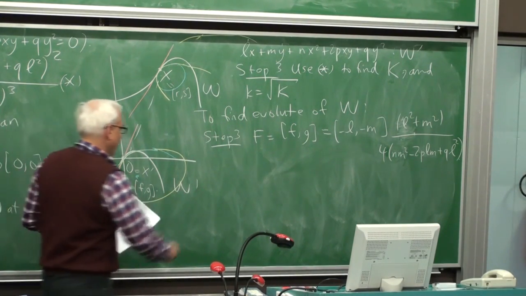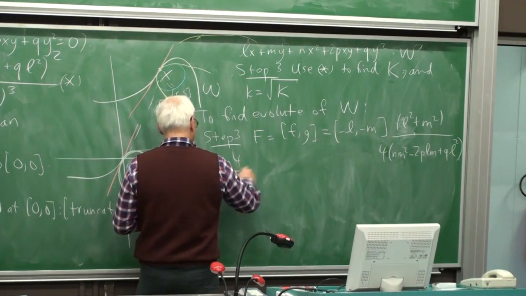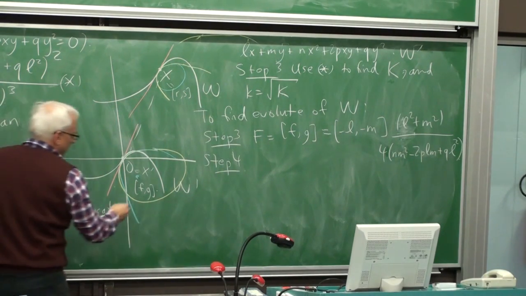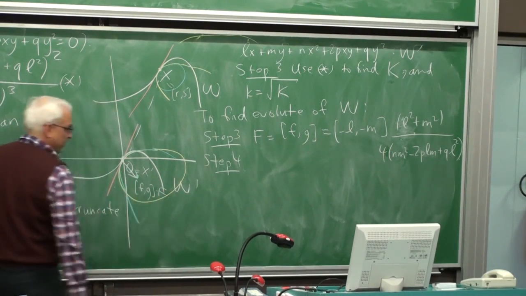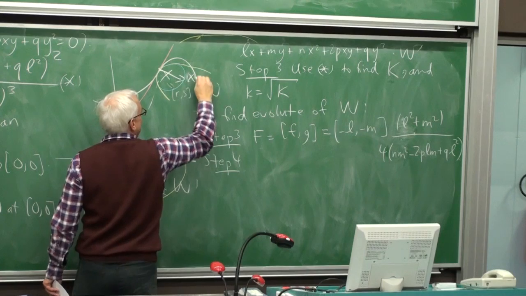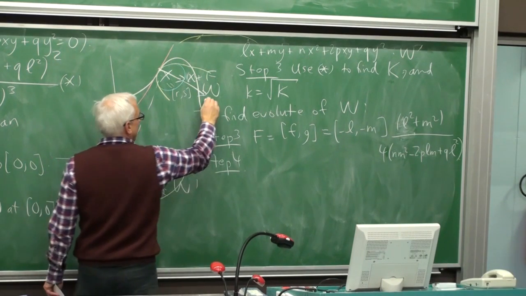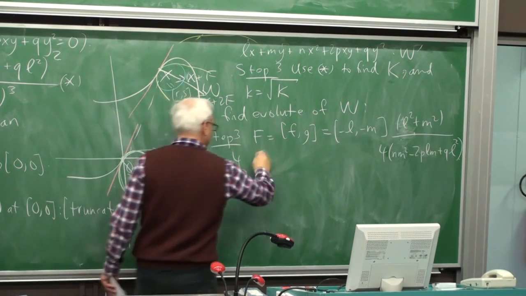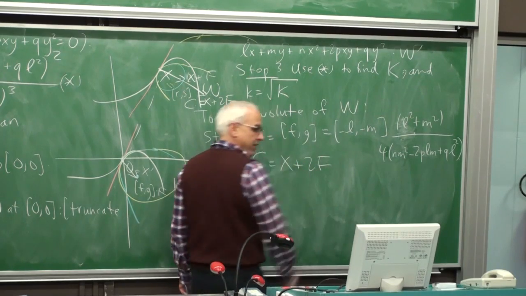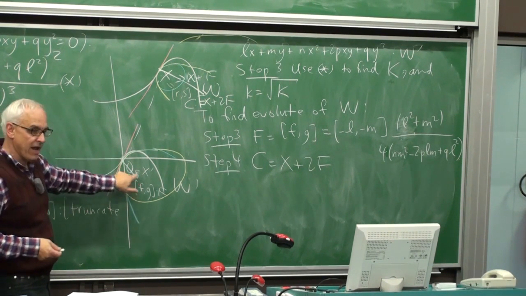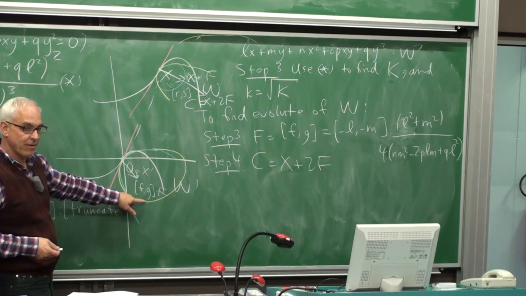Once we've got this, step 4 is back at x. Here's this focus, let's call it F. There's the vector. So at x we add F, but we actually want to go twice as far. So we go x plus 2F. We might call that C. So C equals x plus 2F. Because remember, the center of curvature is the center of the circle, and that's twice as far away as the focus of the parabola.